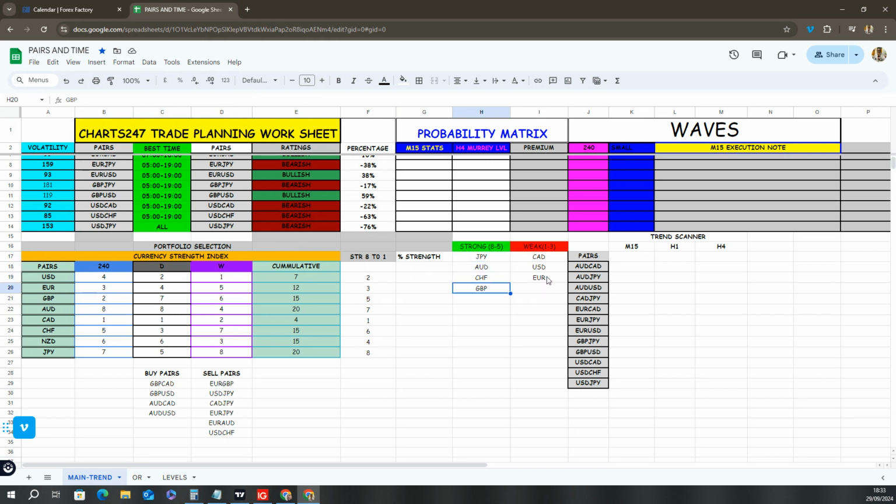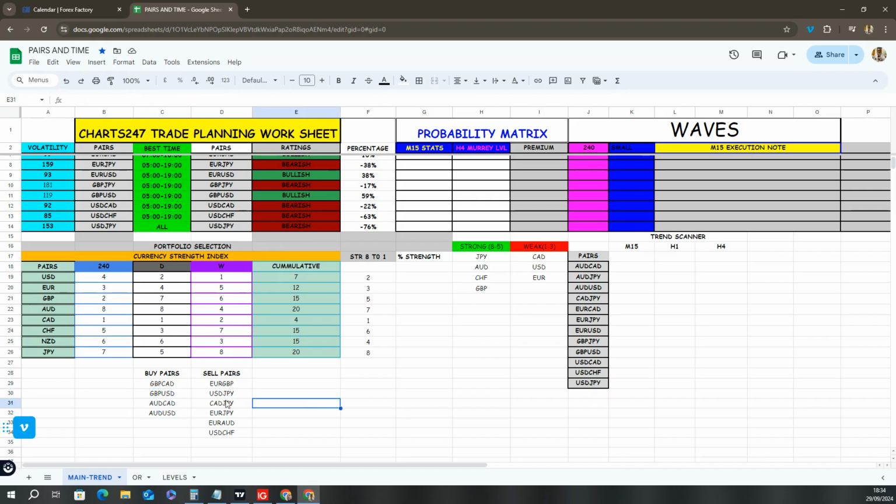Then we have the CAD weakest, followed by the US dollar and the euro. Euro has dropped into this, so we have to watch out for how the pound is going to trade this week. So with this information, we come up with these interesting pairs.